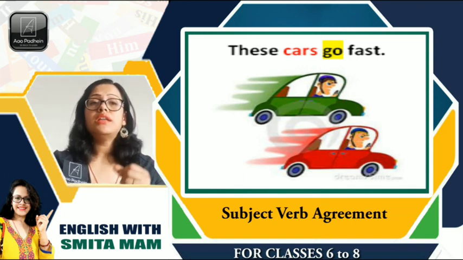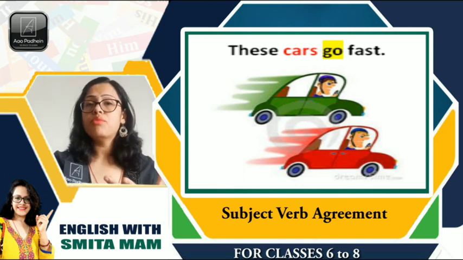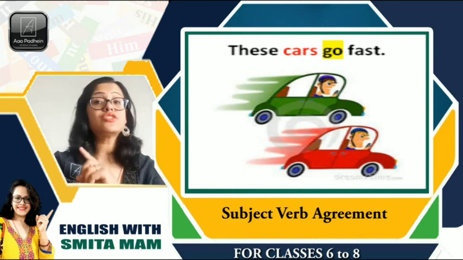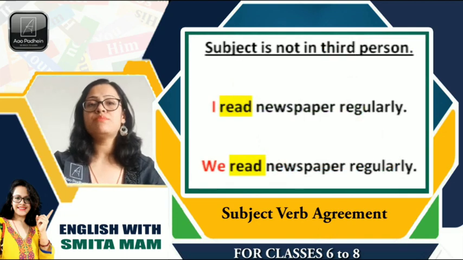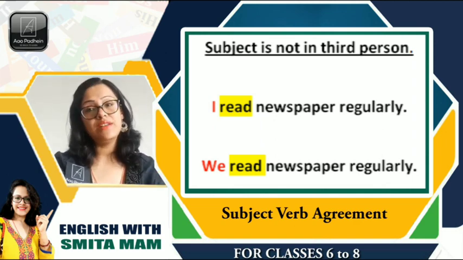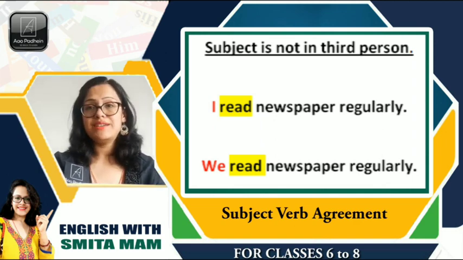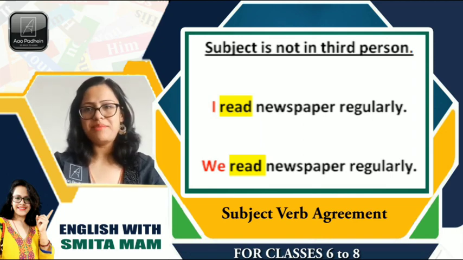Okay. Now let's look into some more examples where the subject is not in third person. I read newspaper regularly. Here the subject is I, which is singular, but the verb is read, which is plural in form. Let's look into one more example.